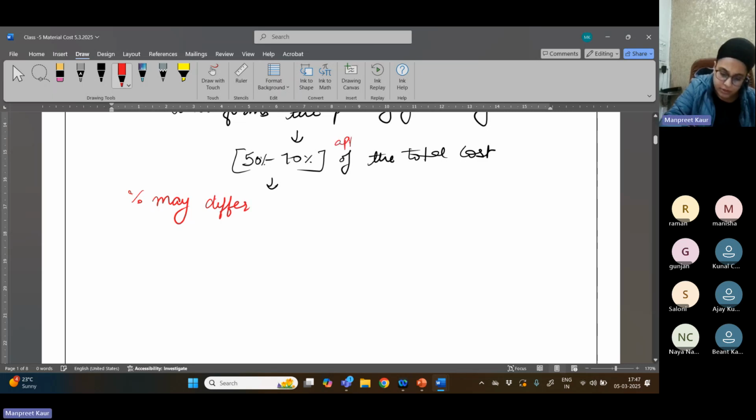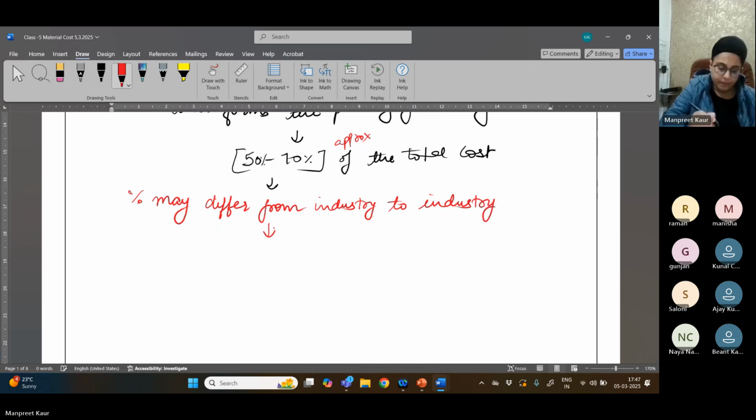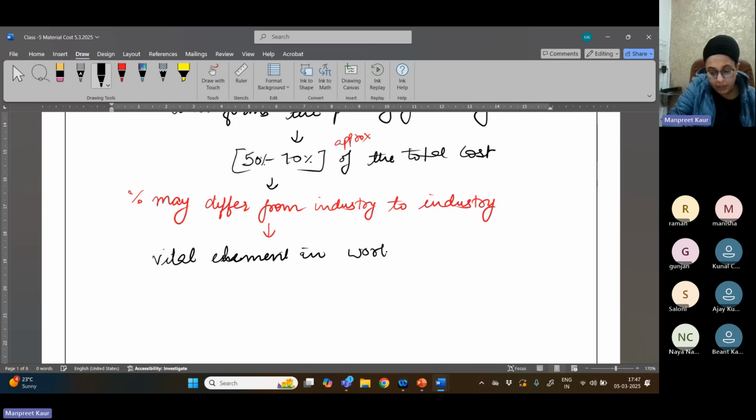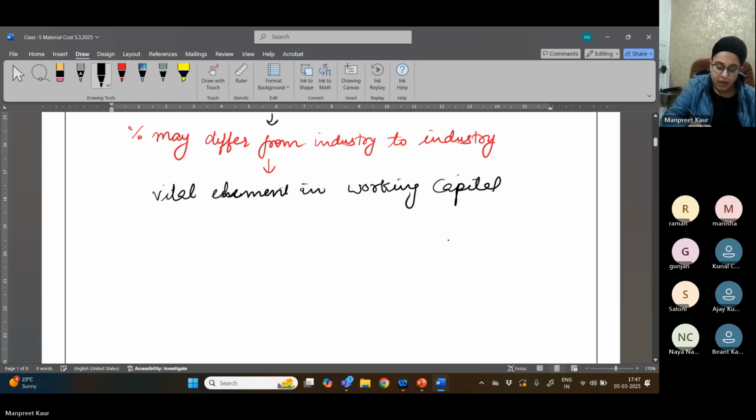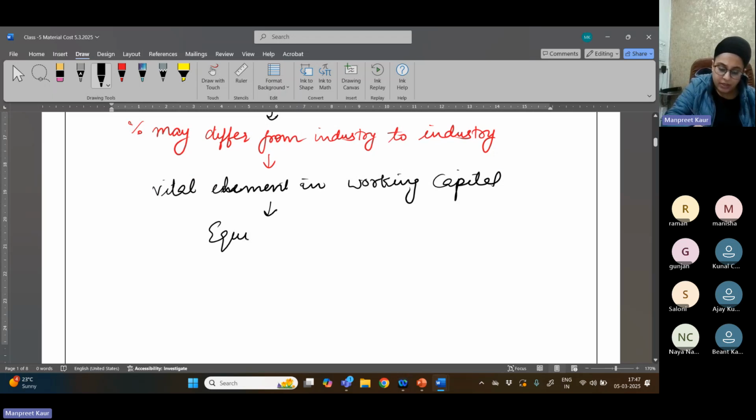This is approximate, may differ from industry to industry. Clear? It is a vital element in working capital, and it is also known as equivalent to cash.